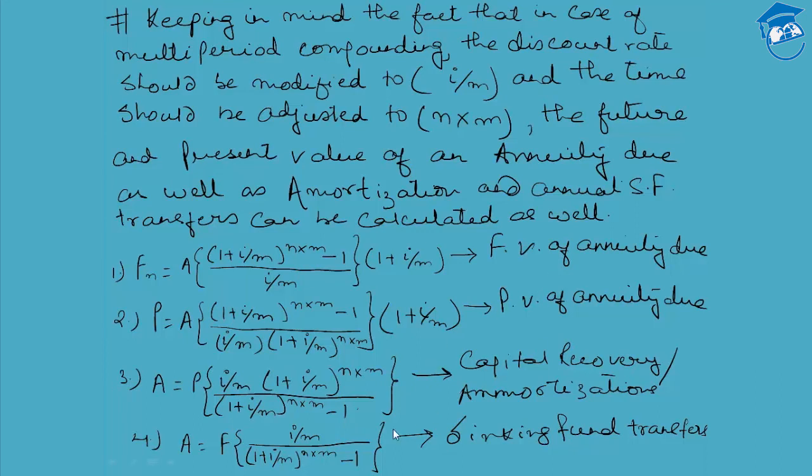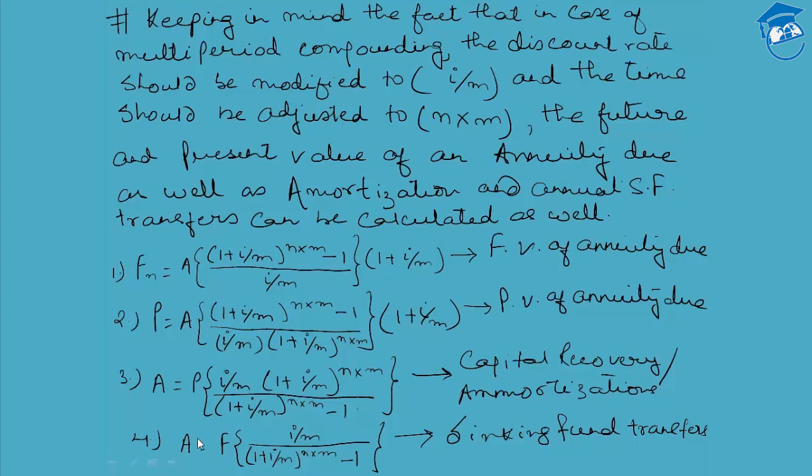The only difference between capital recovery and sinking fund is that for capital recovery, we are trying to recover the loan which we have given or taken right now, through annuity receipts or payments, while in the case of a sinking fund, our liability or financial commitment is likely to arise n years down the line in the future, for which we need to transfer a fixed annuity amount systematically, in a disciplined manner, every year into a sinking fund so that a future lump sum corpus may be built up, with the help of which the liability may be taken care of or repaid.